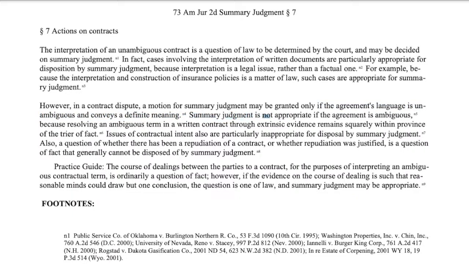Summary judgment is not appropriate if the agreement is ambiguous, because resolving an ambiguous term in a written contract through extrinsic evidence remains squarely within the province of the trier of fact. Issues of contractual intent are also particularly inappropriate for disposal by summary judgment. Also, a question of whether there has been a repudiation of a contract or whether repudiation was justified is a question of fact that generally cannot be disposed of by summary judgment.